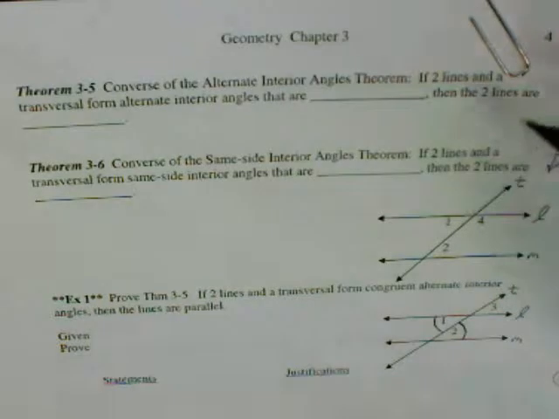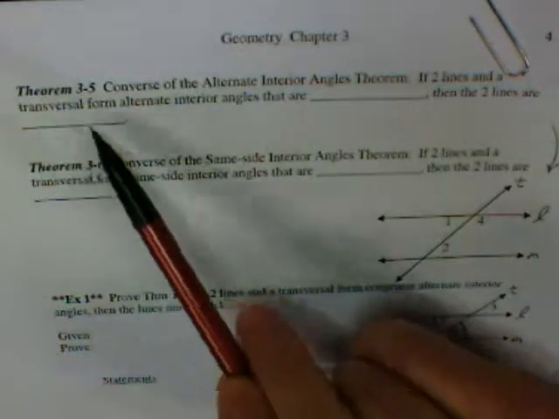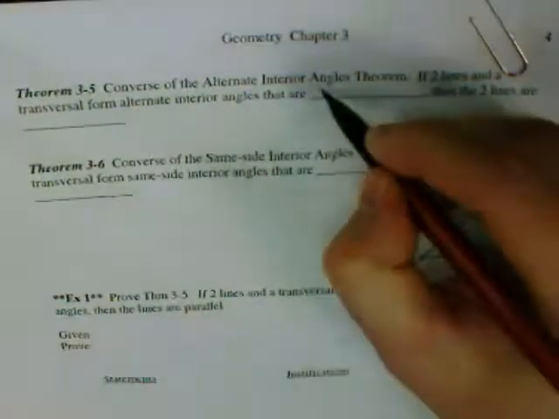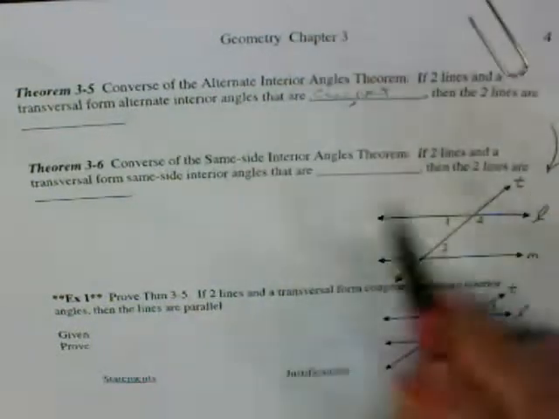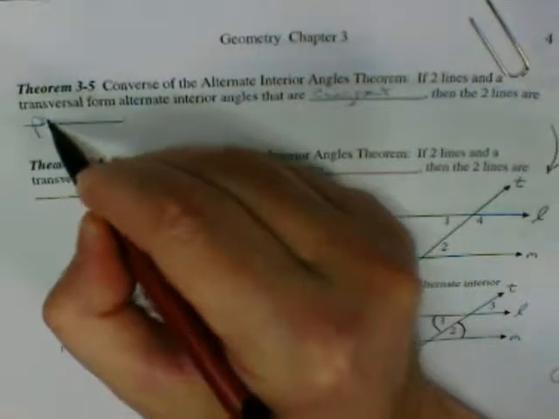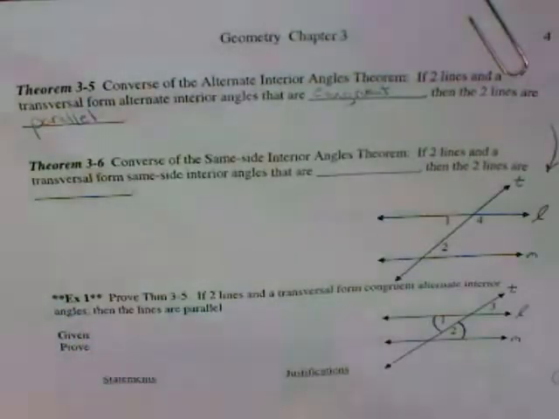We're going to use this diagram for theorem 3.5 and 3.6. And the first one talks about alternate interior angles. It says, if you know the two lines form alternate interior angles that are congruent, then you're allowed to make the conclusion that the lines must be parallel. Very similar to the previous postulate right there.